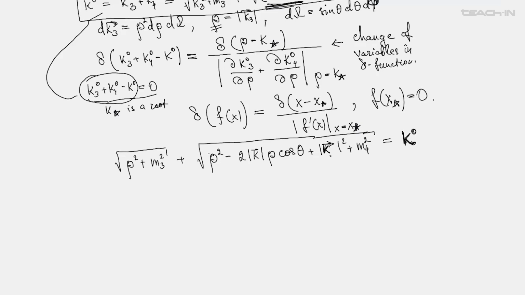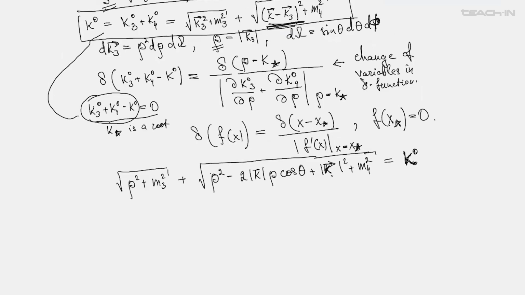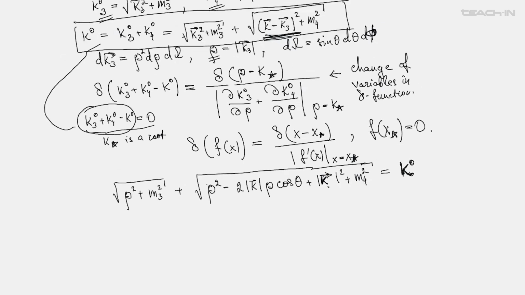Okay, so now if you integrate out this delta function, the variable rho will be replaced by k star, where k star is the root of this equation. So let me point this out explicitly: k star is the root of this equation.